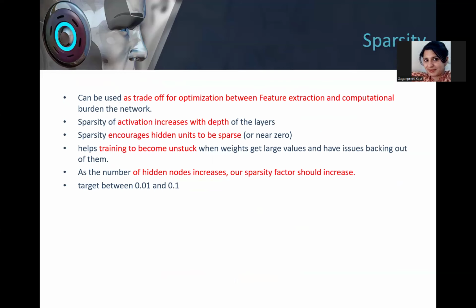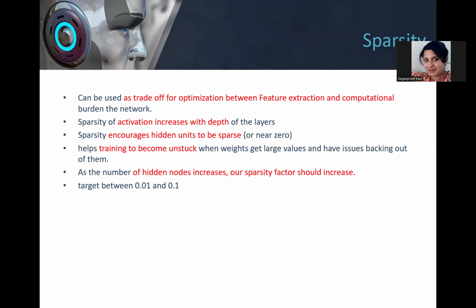So coming to sparsity, it is a trade-off between feature extraction and the computational complexity of your network. I can think of sparsity as the connections, like if I am going for dropout, I have made my network less dense. So the effect of my neurons is what sparsity is going to measure.